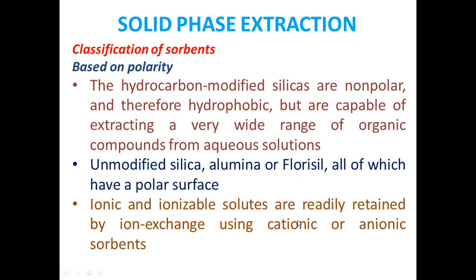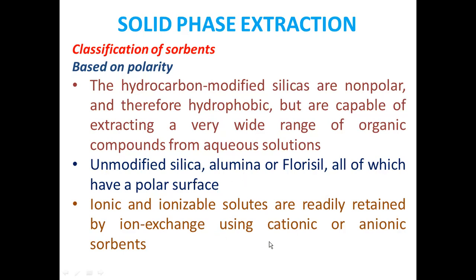Ionic and ionizable solutes are separated by using sorbents which have cationic or anionic exchange groups. If you have species, say for example, aluminium 3+, calcium 2+, and sodium plus, and you have to separate them, because they are ionic, you cannot use silica, modified silica, fluorosil, or alumina, because they are not suitable to separate ionic solutes.